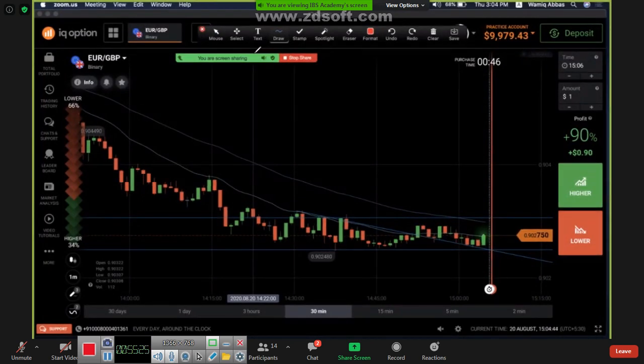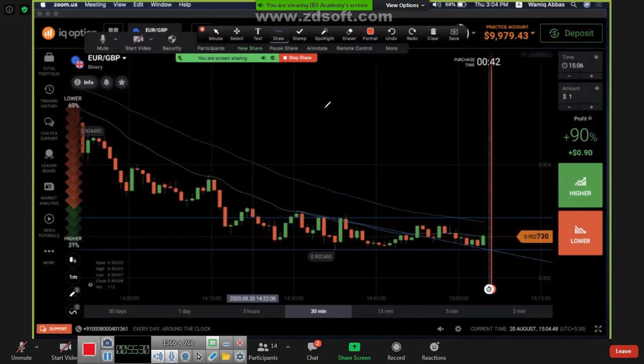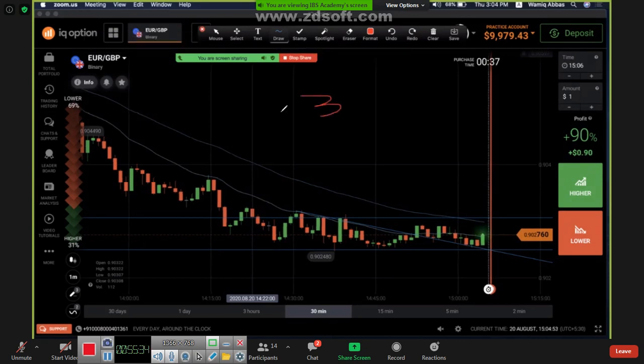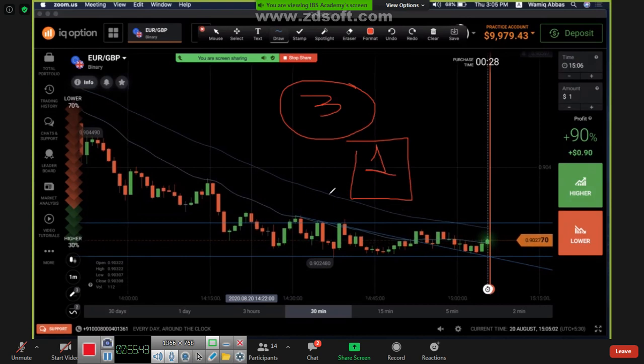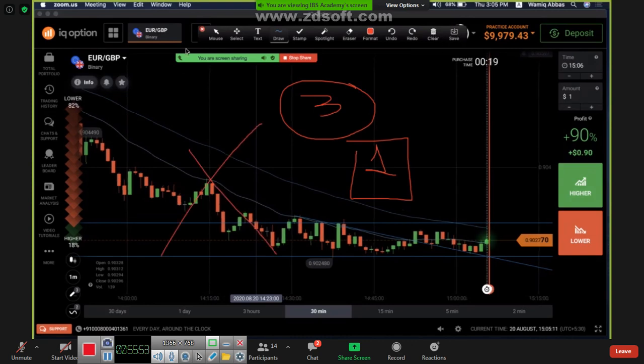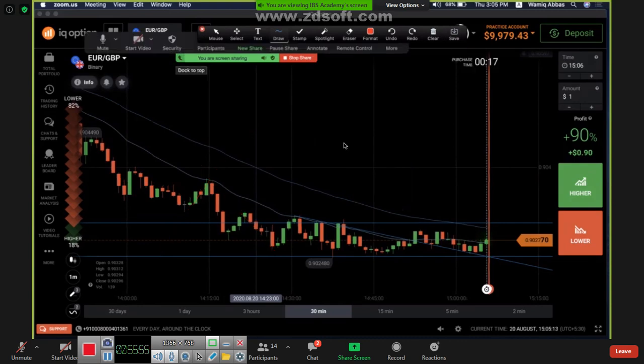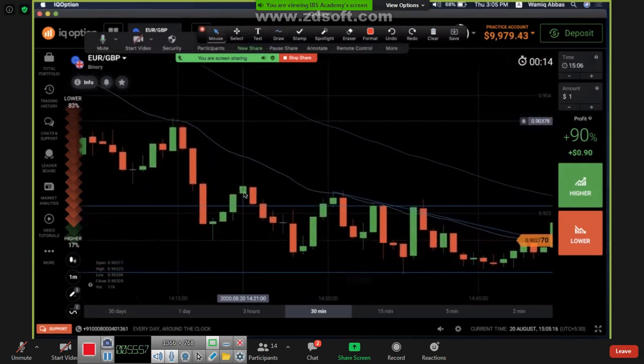When you have at least 3 or more types of SNR colliding at one spot, only at that place you are going to take your opposite or reversal trades. Rest of the times you are all going to avoid it. Simply avoid it. So whenever you want to take a trade, there must be at least double or triple confirmations.